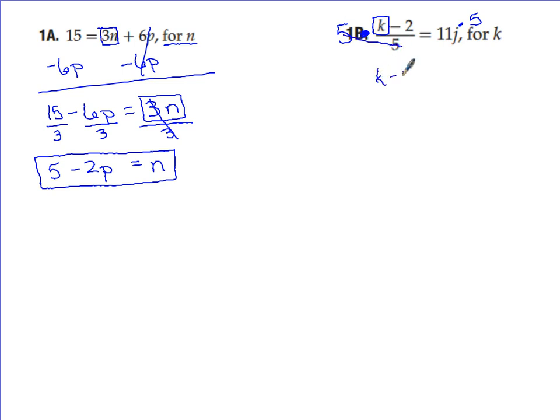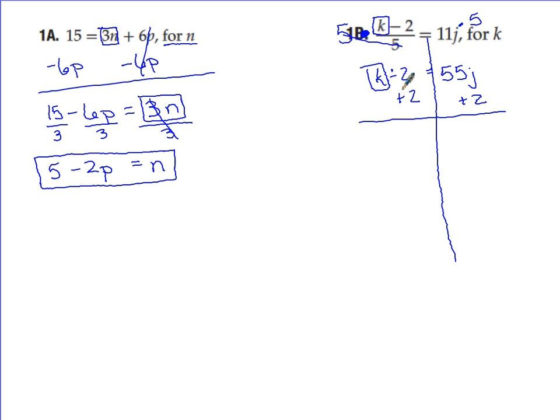I have k minus 2 equals 11j times 5 would be 55j. Alright, so I'm still working on getting that k by itself. Outside of the box I have minus 2, so I'm going to do plus 2 on both sides. Alright, negative 2 plus 2 is 0, so all I have left over here is k. 55j plus 2, again, those are not like terms, so I'm just going to write it as 55j plus 2.